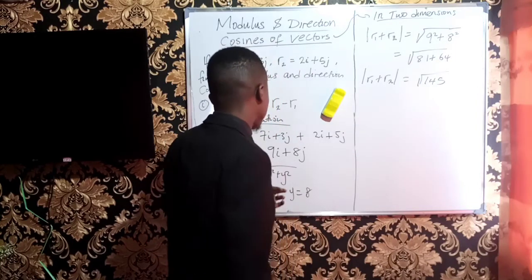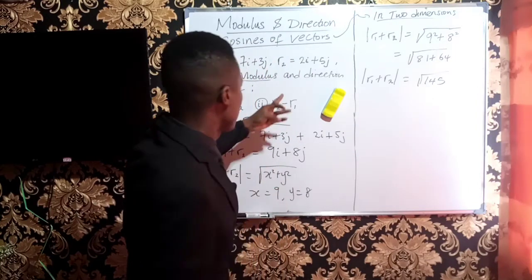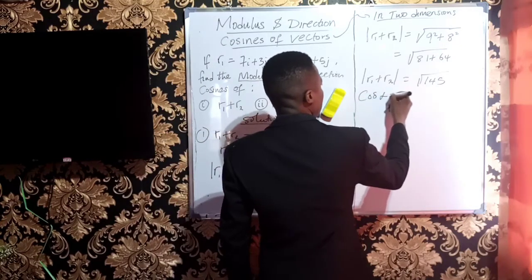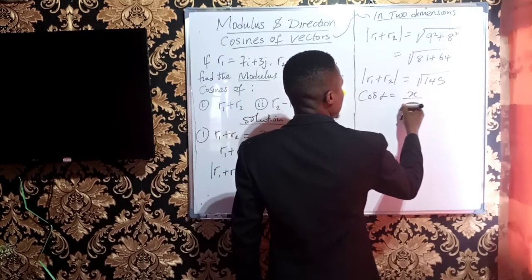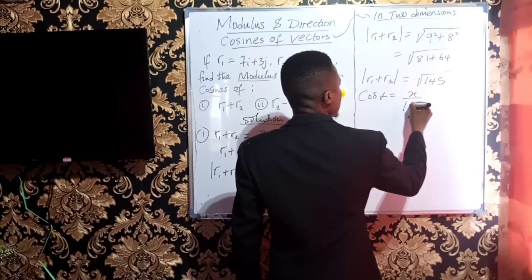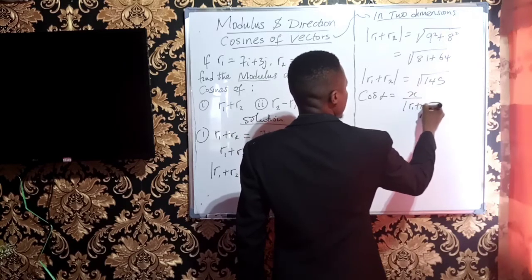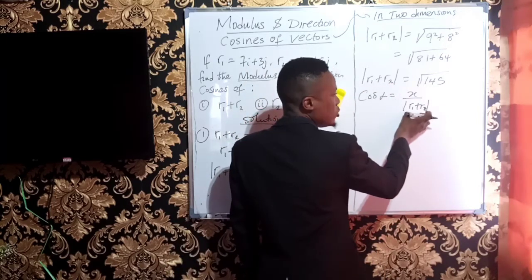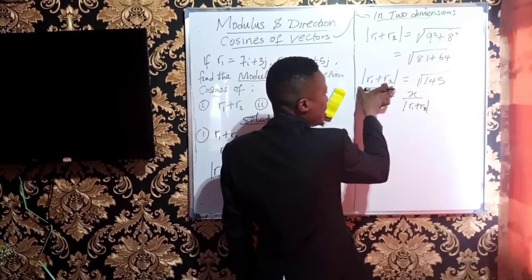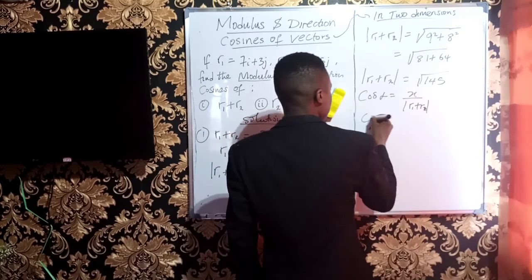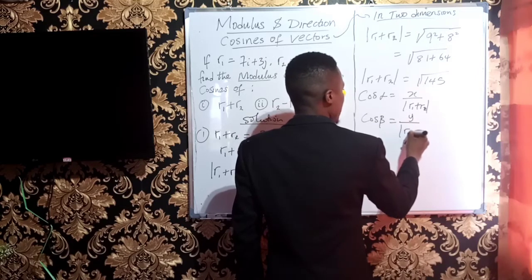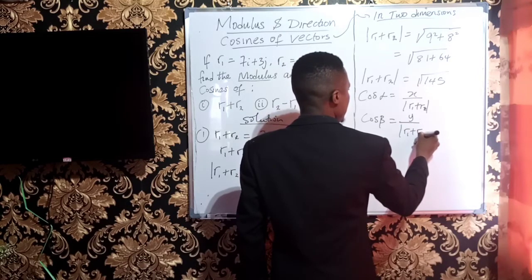Okay, now we are also asked to get the direction cosines. Remember that cos alpha is equal to x over the modulus of r. But this time around, it is the modulus of r1 plus r2, look at what you're having here. And cos beta will be the same thing as y over the modulus of r1 plus r2.